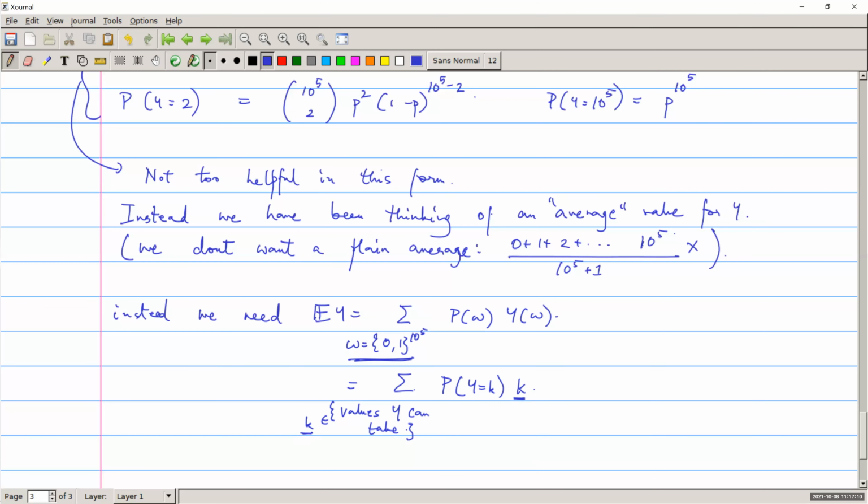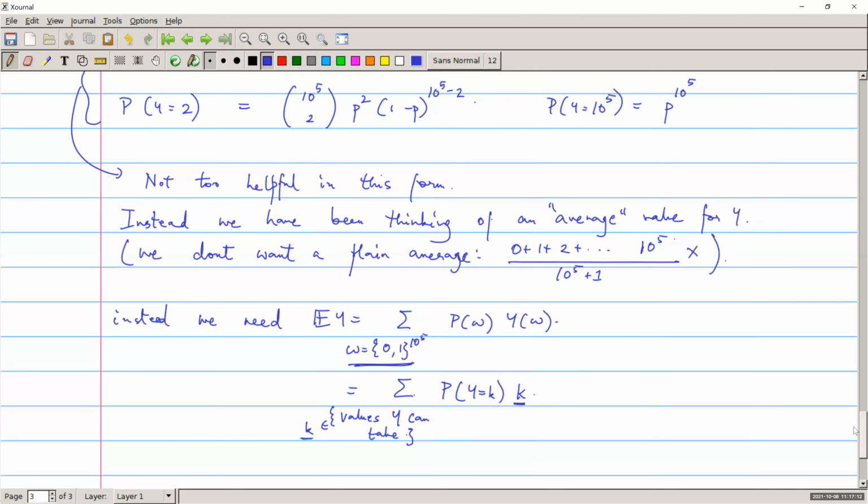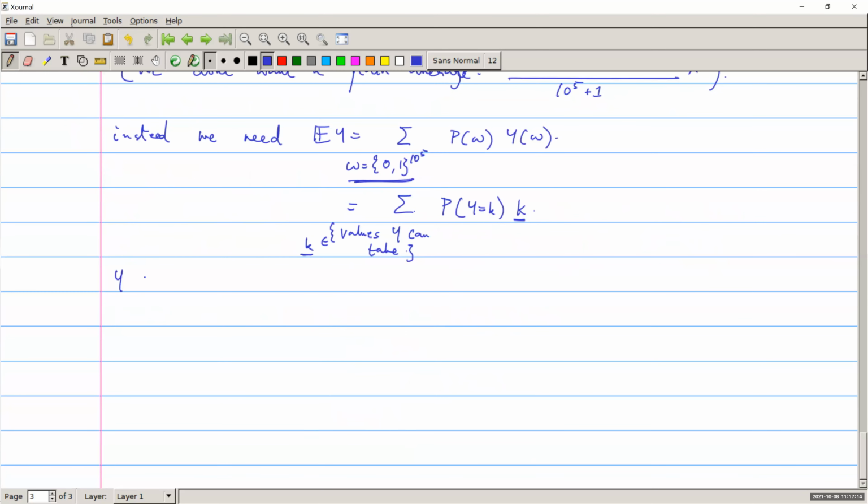Y can take values k, where k ranges from 0, 1, 2, 3 to 10 to the 5. So this is what we sum over.